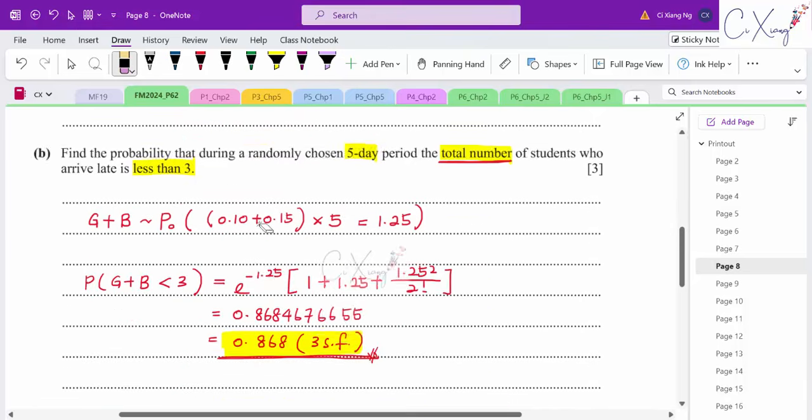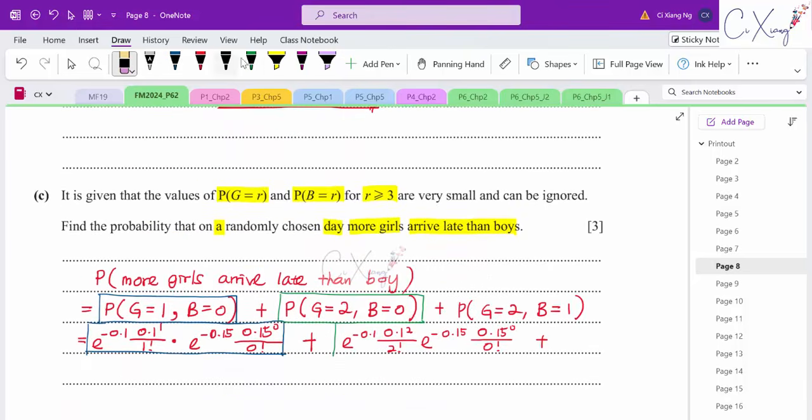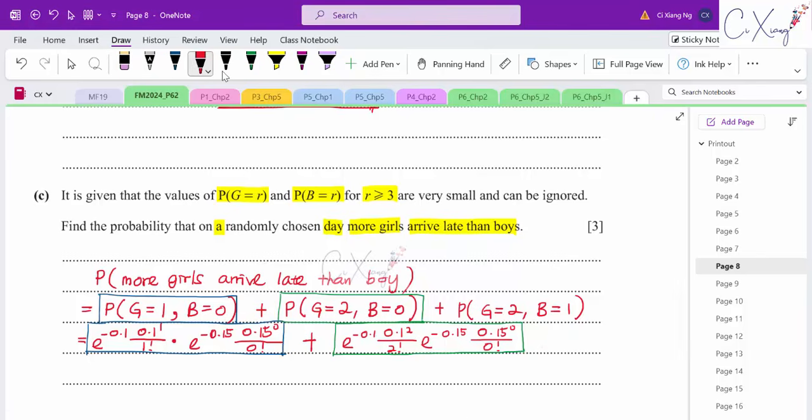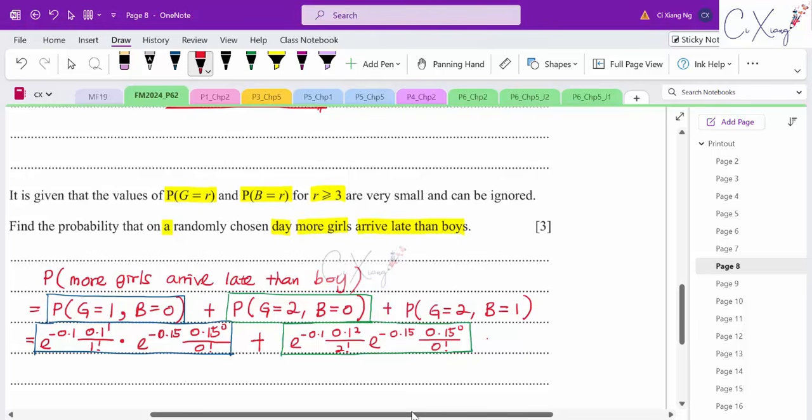So for the third case, basically you should know that G equals to 2 and B equals to 1. So how should I write out the formula for G equals to 2 and B equals to 1? Okay, so G equals to 2: e negative lambda, lambda power 2 divided by 2 factorial. Then e negative lambda, lambda power 1 divided by 1 factorial.